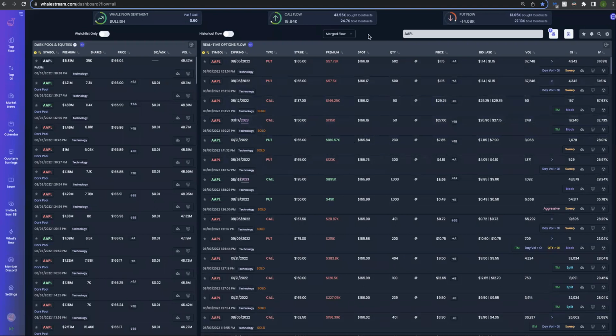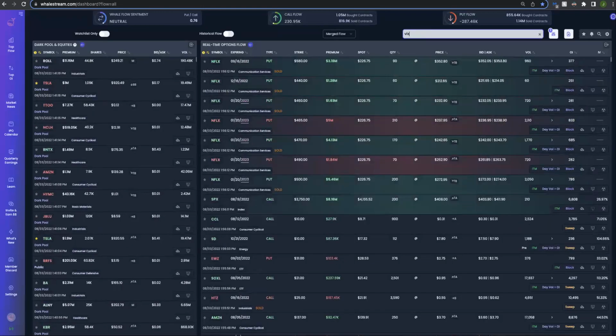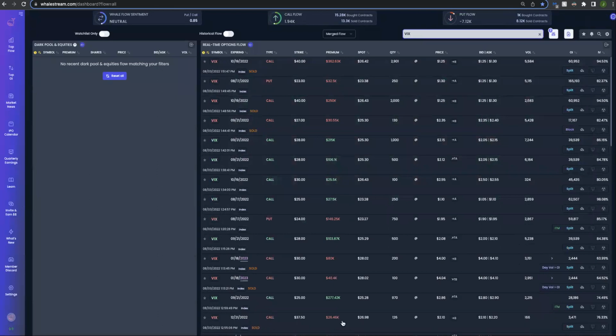There's a question about VIX options, and I'll add to that question. Your platform does index options, right? SPX, correct. What about VIX options? Correct. Right here, you can see the VIX flow.